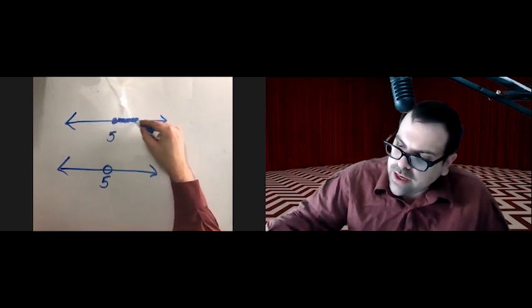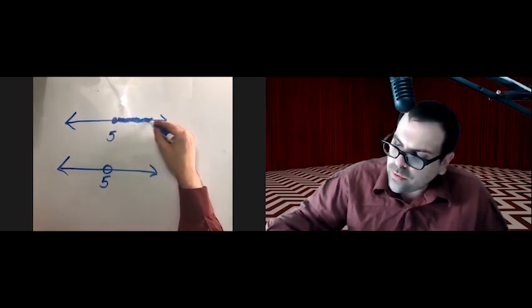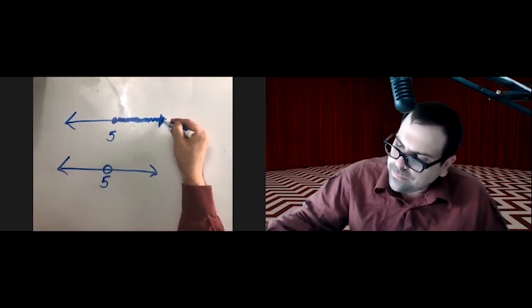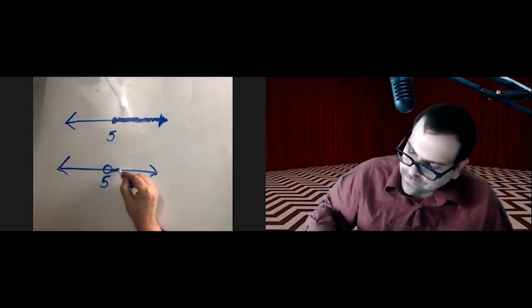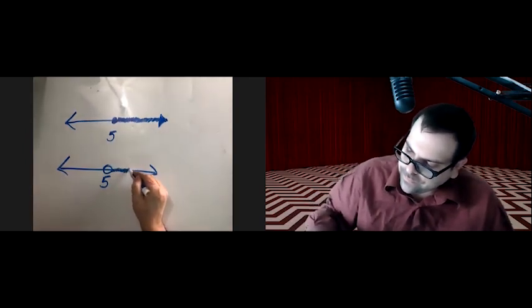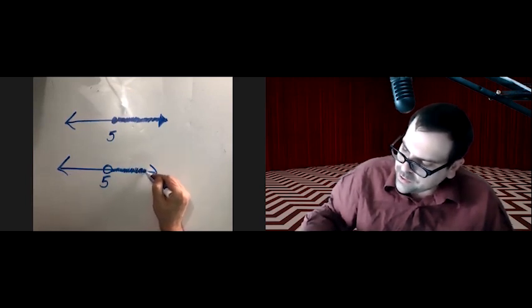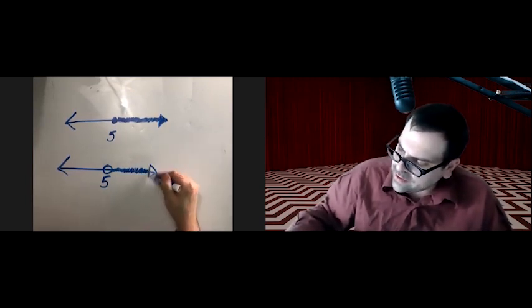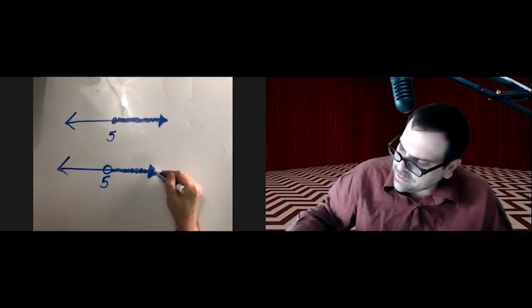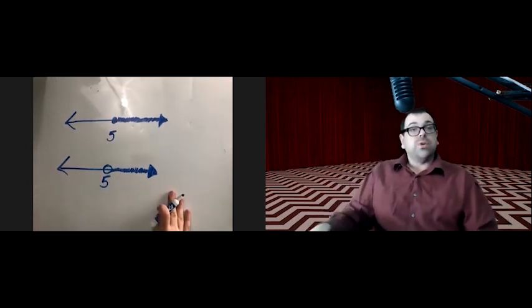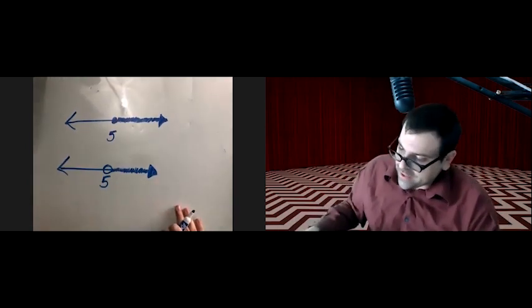If I shade everything to the right, and notice when I'm shading, when I get to the end, I fill in the arrow tip as well to indicate that the shading would continue forever in that direction.